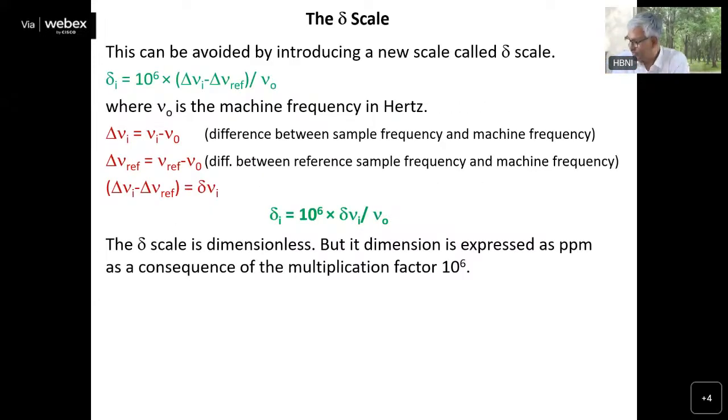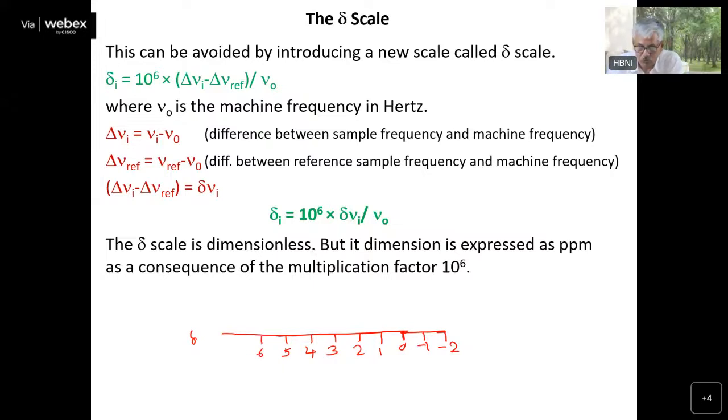Now let us see what changes happen when we move from frequency to delta scale. This will be your delta scale. We put 0, let us say -1, -2, 1, 2, 3, 4, 5, 6.